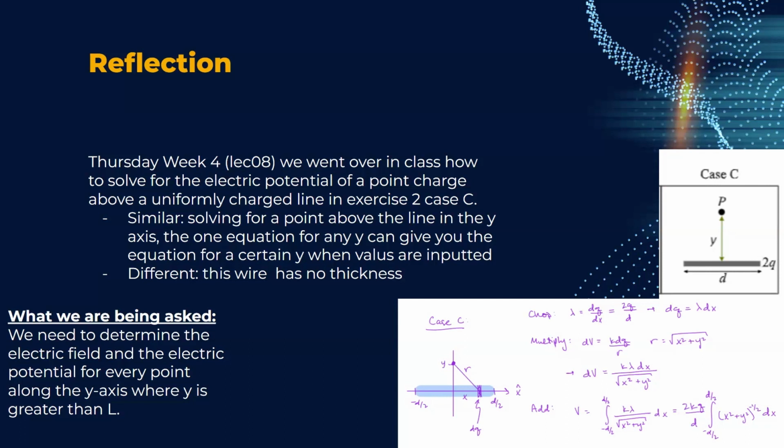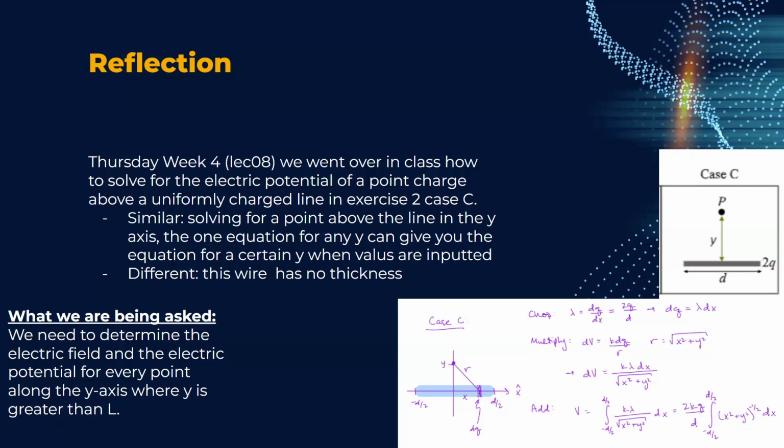You can see the point, a distance y above that uniformly charged line, and the math underneath it to solve for P. It's similar because you're solving for a point above the line on the y-axis. And in both cases, you're solving for any spot on the y-axis, and you just have to put in the value to find which spot you're looking for.